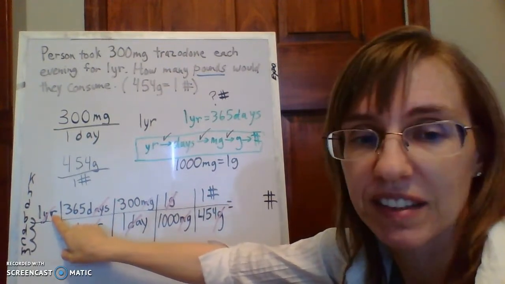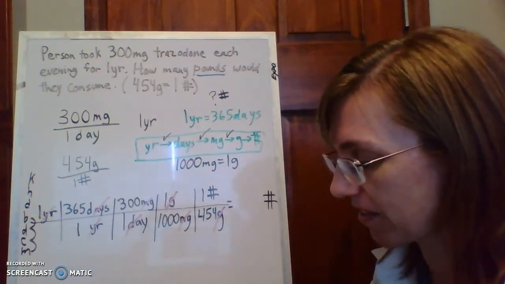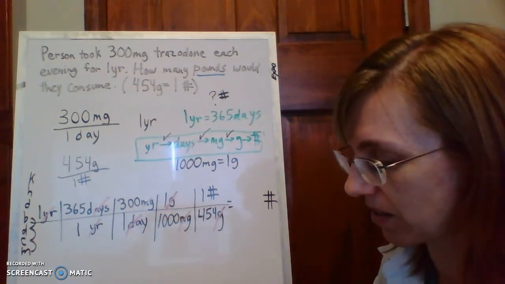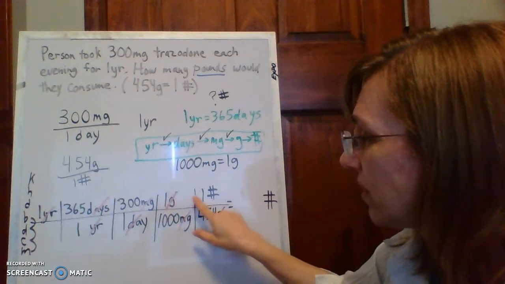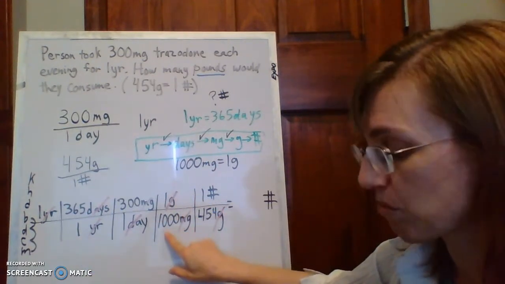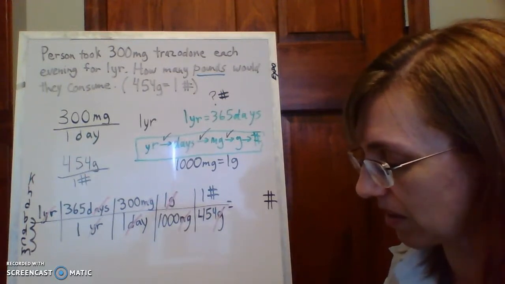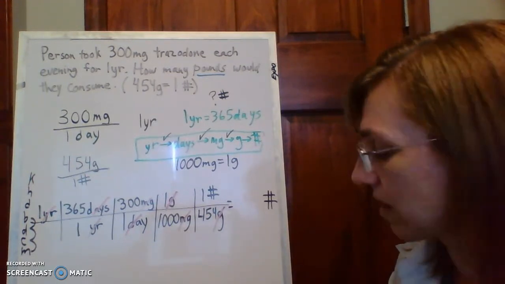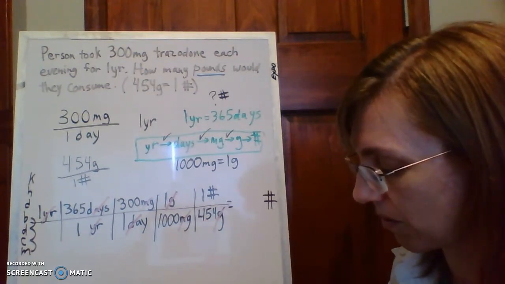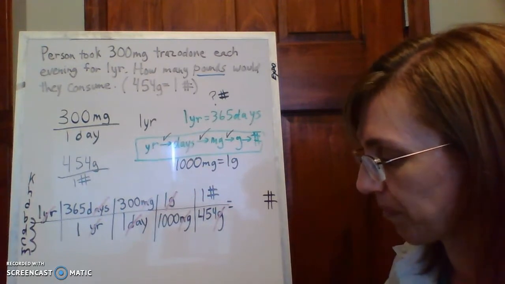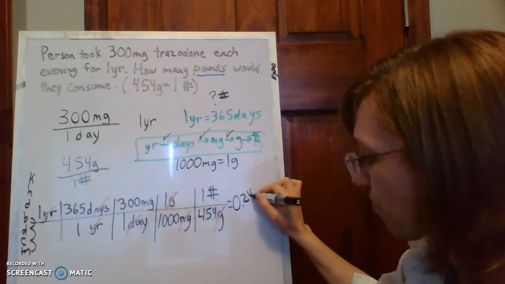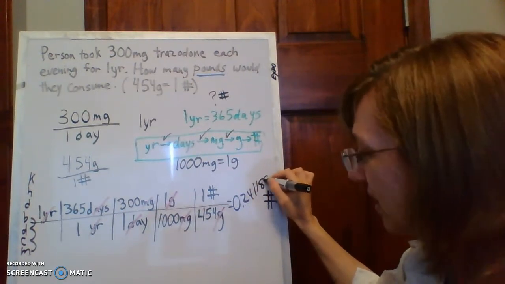We have 1 times 365 times 300 times 1 times 1 divided by 1 divided by 1 divided by 1,000 divided by 454. And the number I get with my calculator is 0.241189, etc.